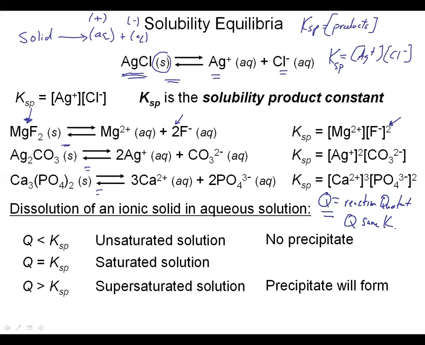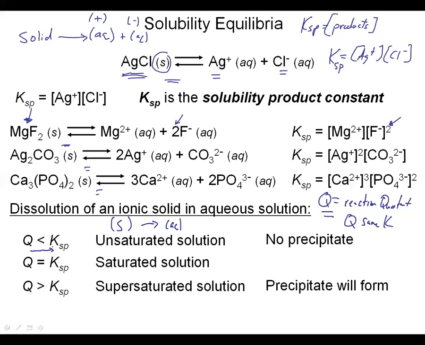If Q is less than the KSP, you can think of it as the opposite of where that arrow points. Our reactions are always written solids to aqueous ions. So if Q is less than KSP, we would expect aqueous ions to be formed, which means we would have an unsaturated solution and we would not expect any precipitate.